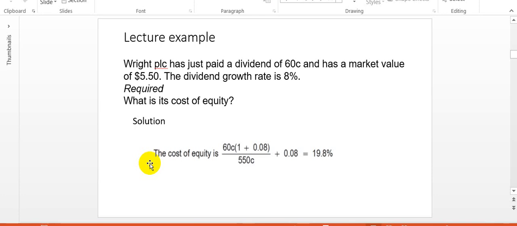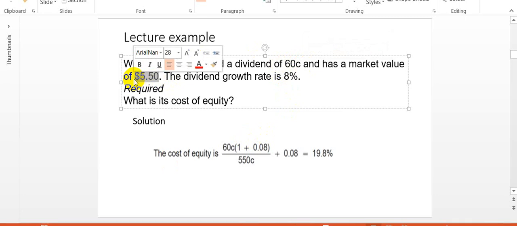So substituting in the dividend growth model, we get 19.8%. But take note, you need to equate the units of measure. As you can see, the question has given us 60 cents as a dividend, but we've been given the market value in dollars.